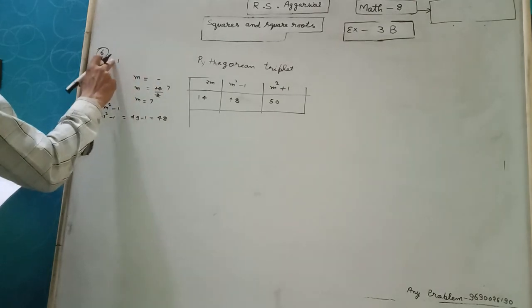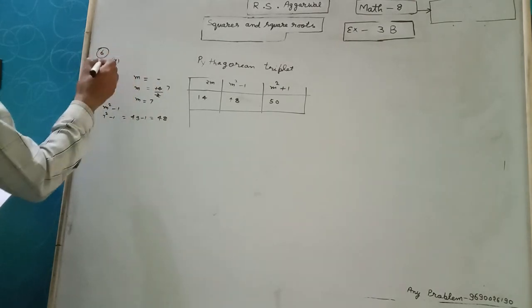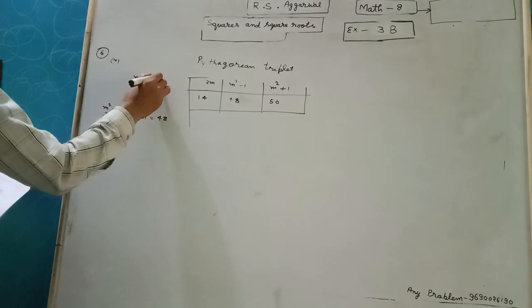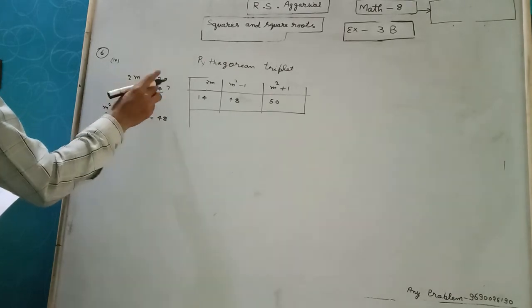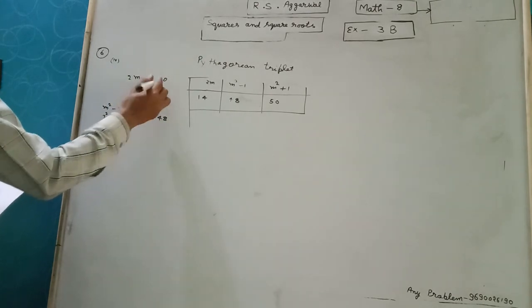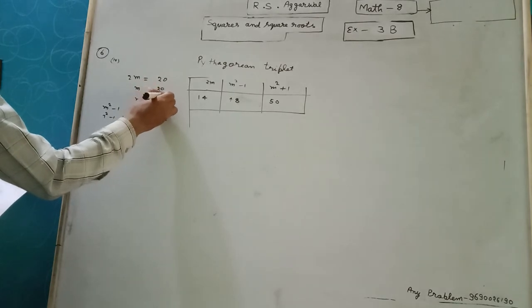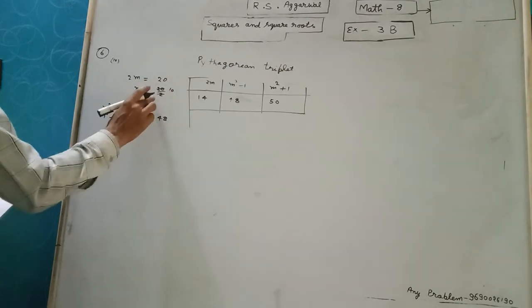Fourth part is 20. 2m is equal to 20. M is equal to will be 20 upon 2 is 10.